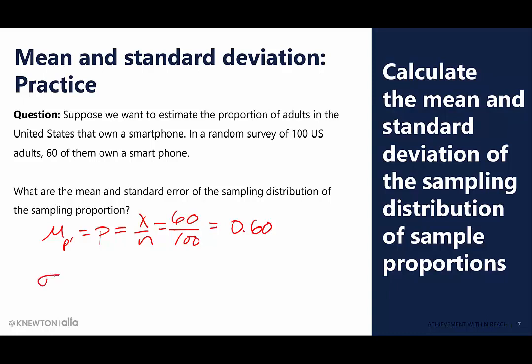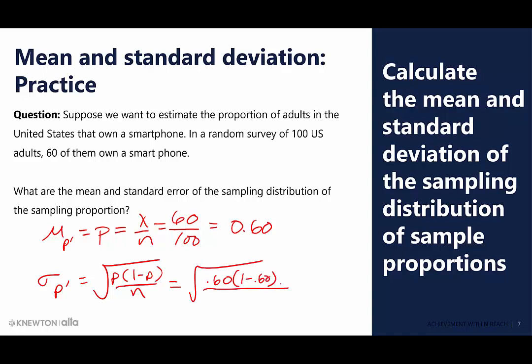Now our standard deviation, on the other hand, is the square root of p times 1 minus p over n. And all that's underneath the square root. So what does that look like for us? Remember, we said p was 0.60. So this will be the square root of 0.60 times 1 minus 0.60, all over n.